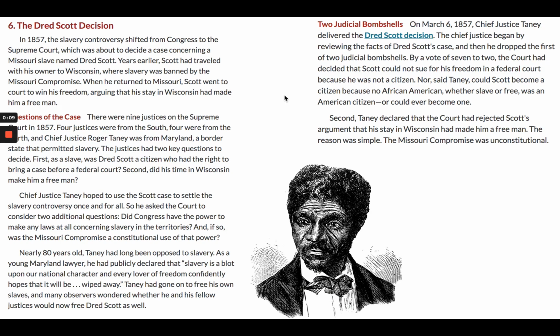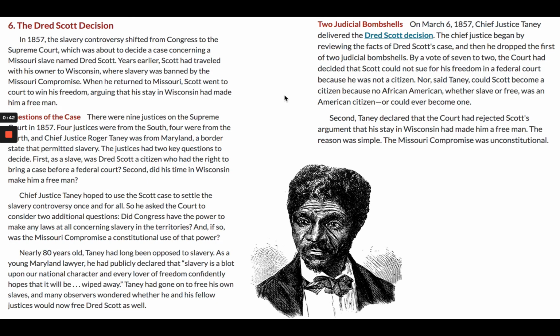We're going to continue talking about how these events that happened in the 1850s are going to tear the nation apart and lead the country to war with itself, the Civil War, which is going to begin in 1861. Today we're going to be looking at a Supreme Court case decision and how this Supreme Court decision about Dred Scott is going to, again, tear the country apart.